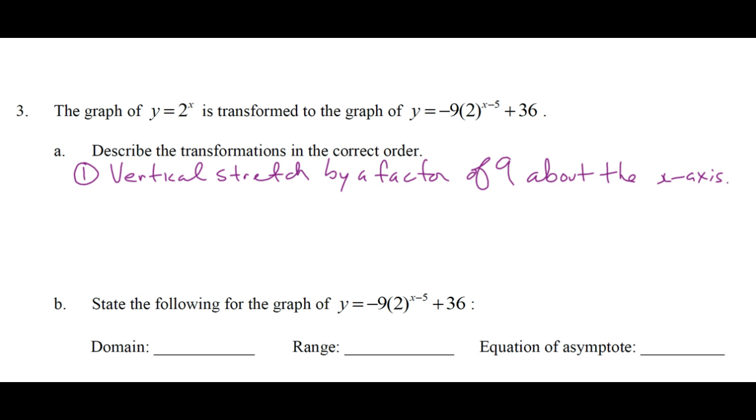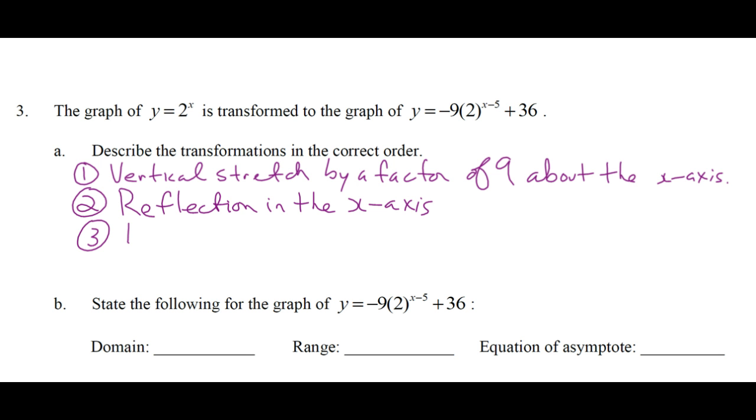Okay. Just to add that back in, I know we haven't done a lot of description of transformation, so it doesn't hurt to. Followed by what? Reflection in the x-axis. Followed by horizontal translation, right 5.